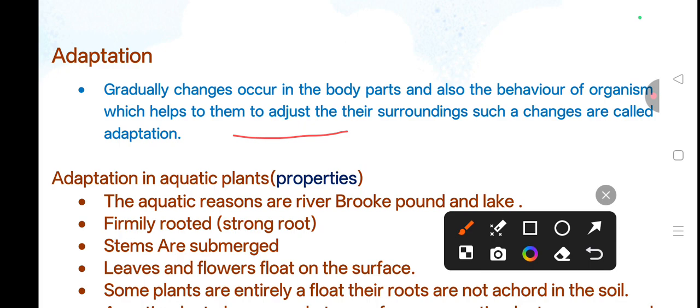Hand work, working style, speaking style and behavior also change because of the surroundings. This helps them adjust to the surroundings. Such changes are called adaptation.